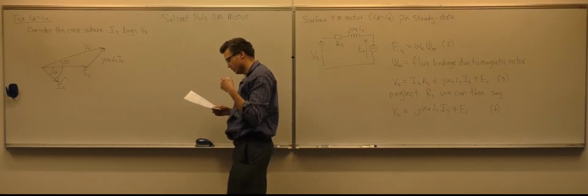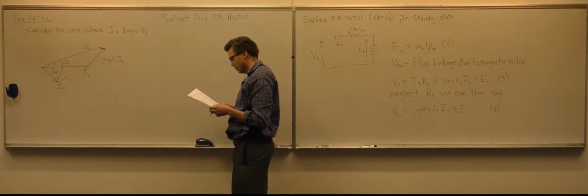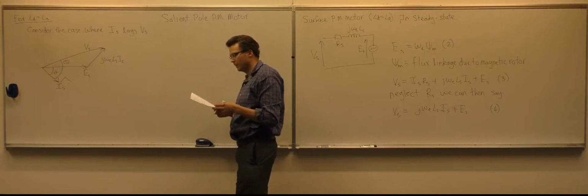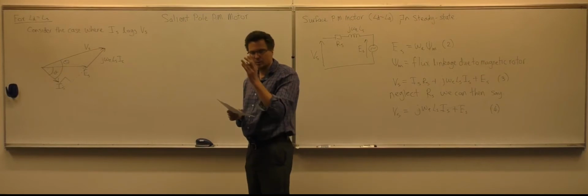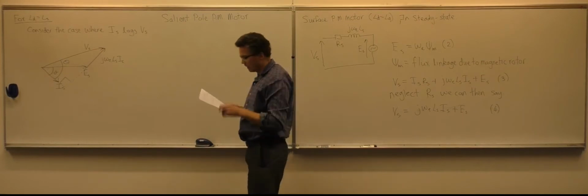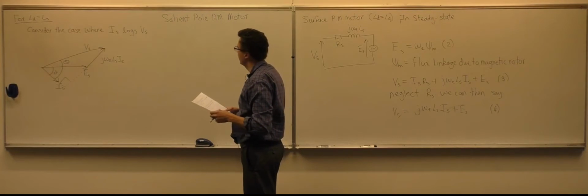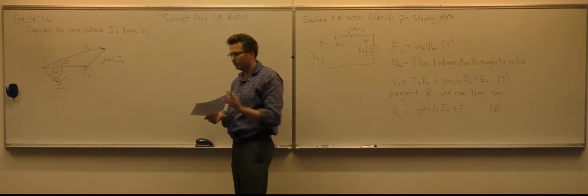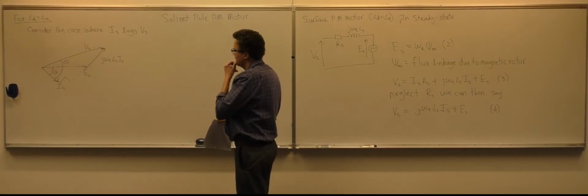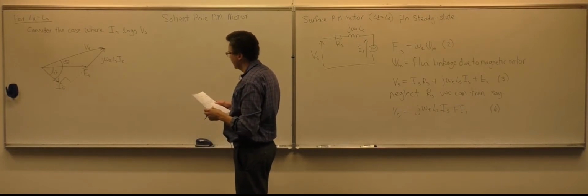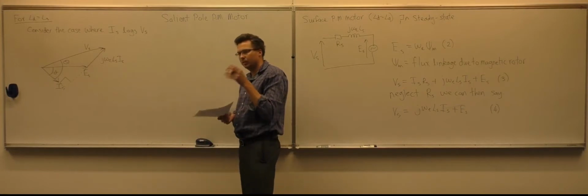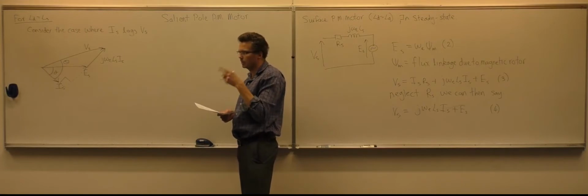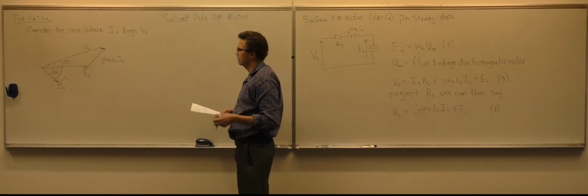So we can look at the salient pole machine in terms of the d-axis and the q-axis coordinates, like I drew on the rotor. Splitting them up makes the most sense. This d-axis and q-axis, the way I'm drawing it here, is a standard method where you can actually reduce all three-phase rotating machines into a d-axis, q-axis coordinate system.